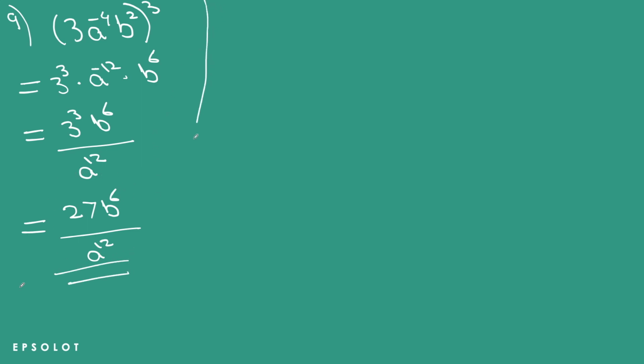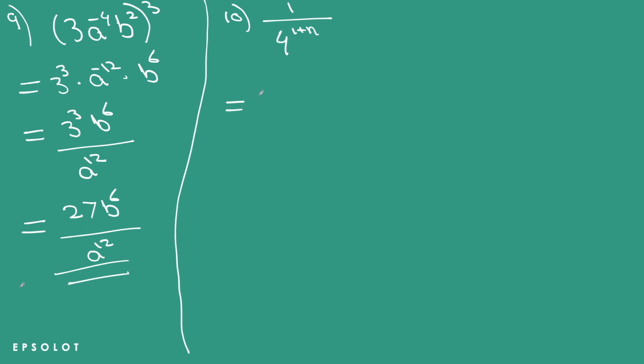Now, the very final example that we will look at is, let's say you are asked to simplify an expression that looks like 1 divided by 4 to the power of 1 plus n. That's it. And you're asked to rewrite it without the fraction.